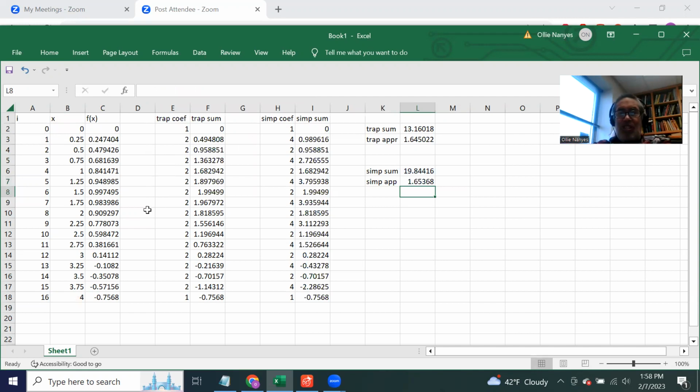That gives you your Simpson's approximation, which you see is fairly close to the trapezoid approximation.